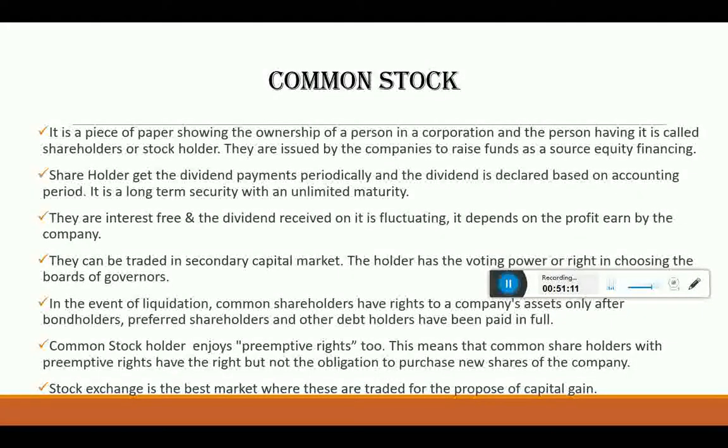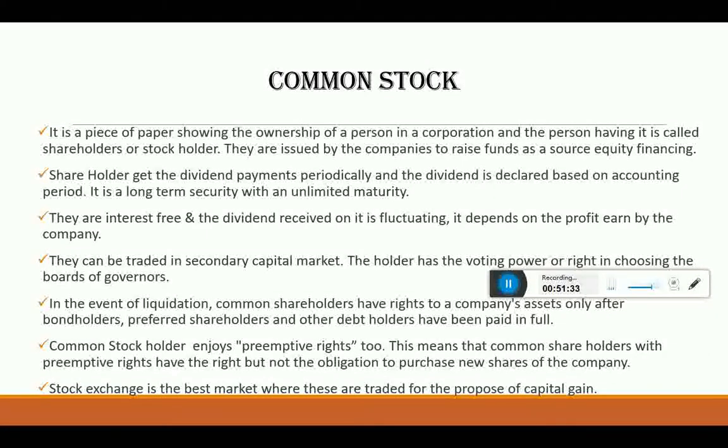The person who has the common stock can have a voting power to choose who can run the company, but the bondholder does not have a voting power. The common stockholder has a preemptive right.